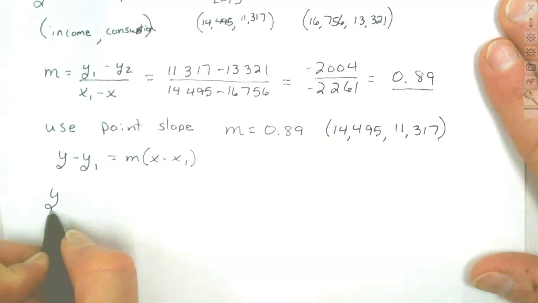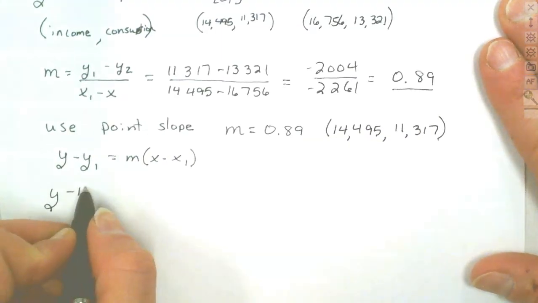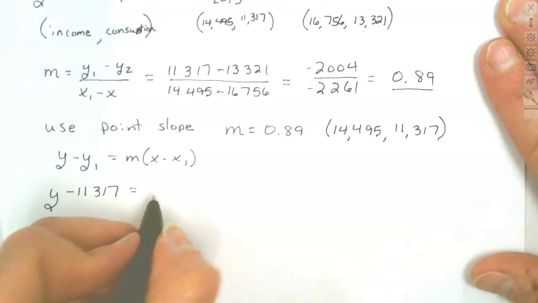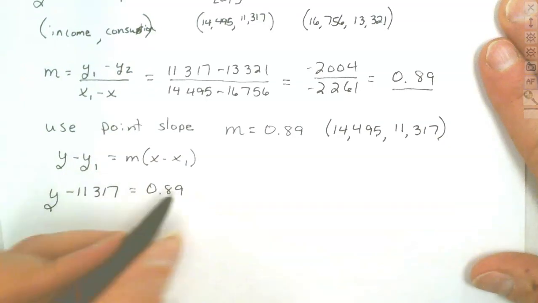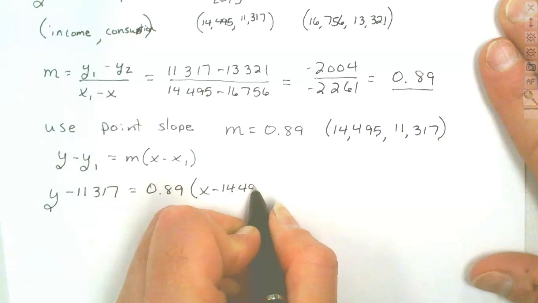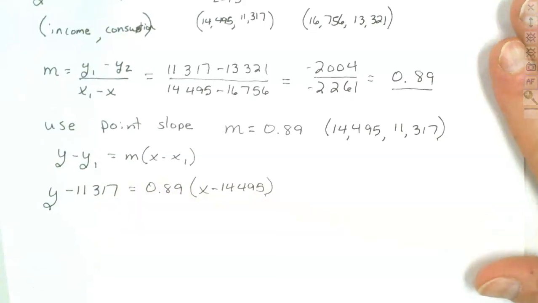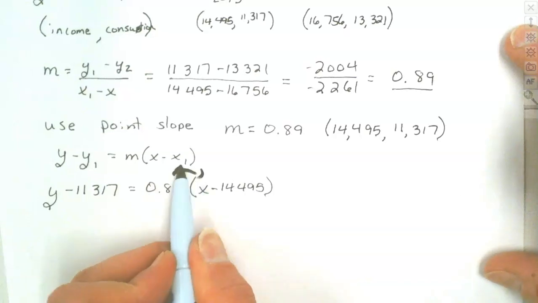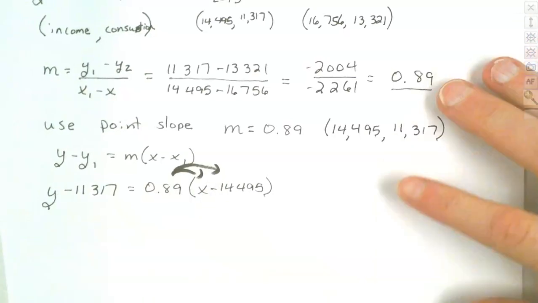Plug our values in, so that's going to be y minus 11,317 equals 0.89 times x minus 14,495. Distribute through, and then we'll get our equation.